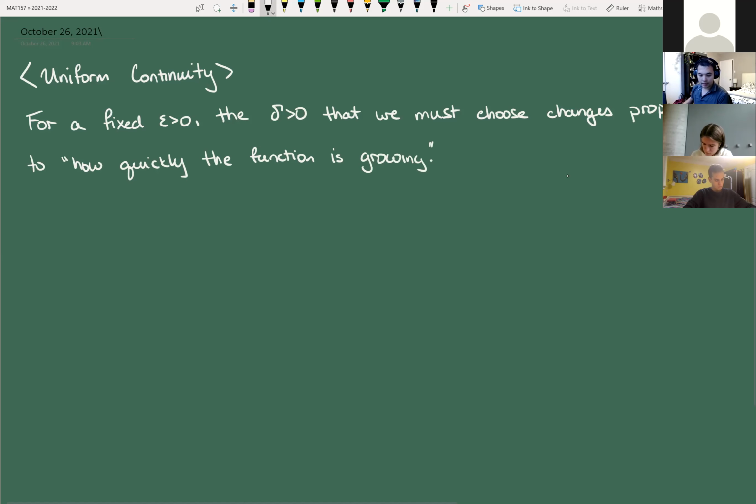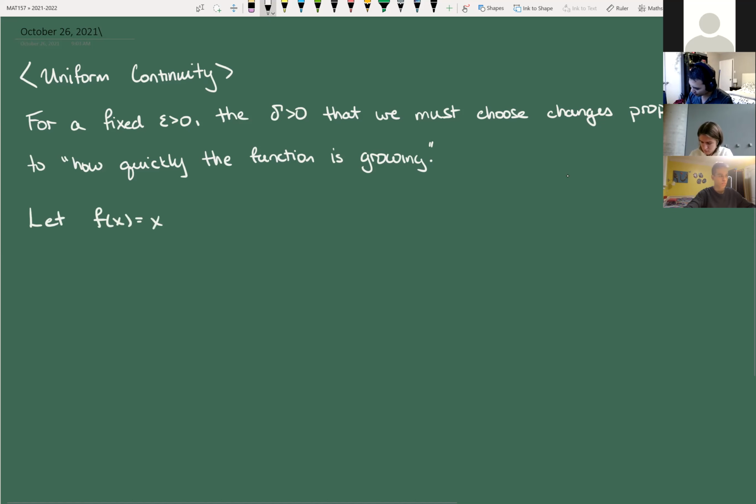All right, and let me give you an example of that. So let's just compute two limits really quickly. They'll actually be continuous, but we'll compute them as limits. And I'm going to use the same function and basically the same epsilon, right? So let's define the function first. We don't want to choose a linear function because linear functions kind of grow at the same speed. That's kind of boring.